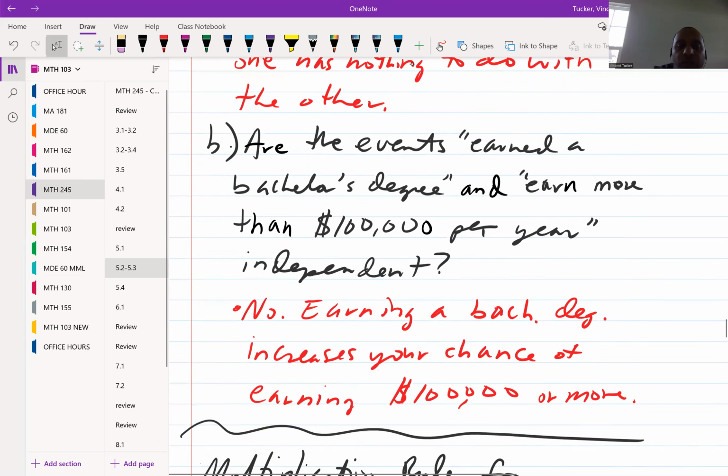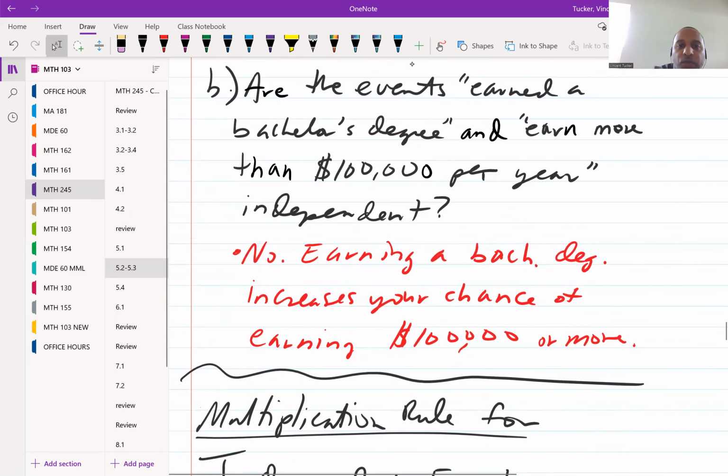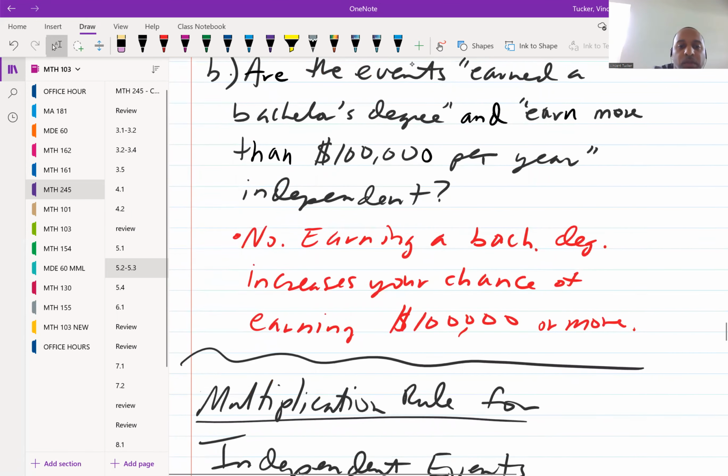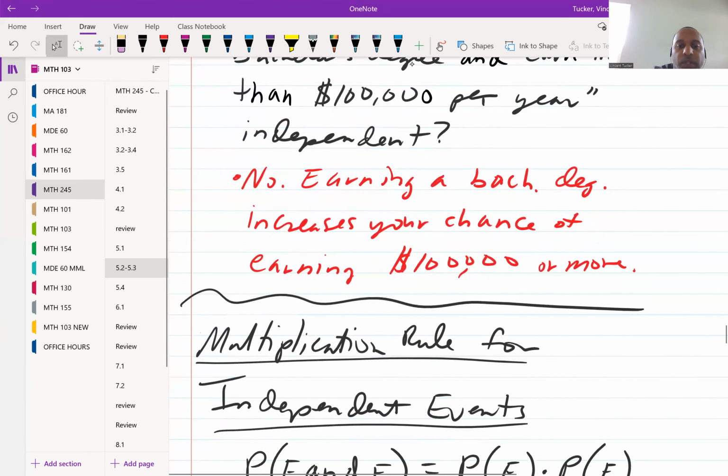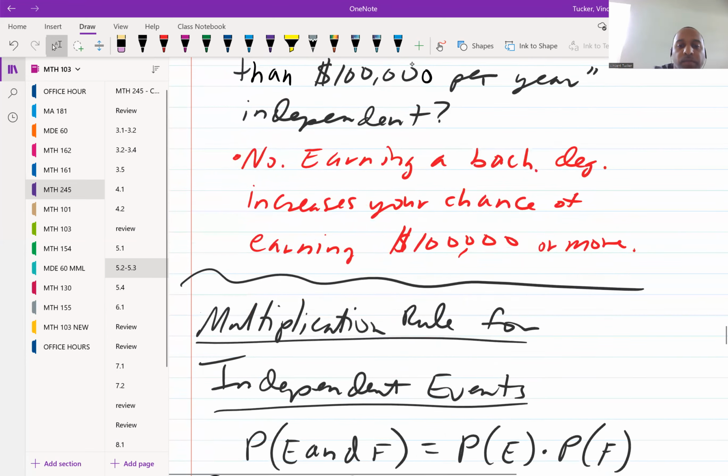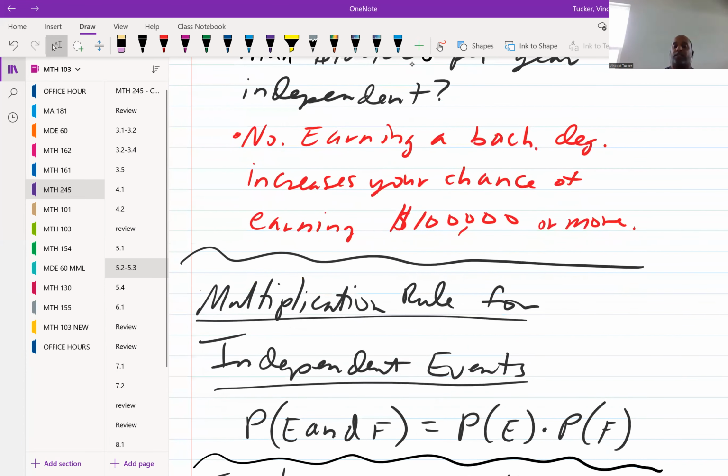All right. Any questions before we go to the multiplication rule? Scrolling up. It's okay. So remember last section we were dealing with the probability of your event E or F occurring. This time we're looking at the probability of E and F occurring. So we're talking about both of them occurring, not necessarily one or the other.